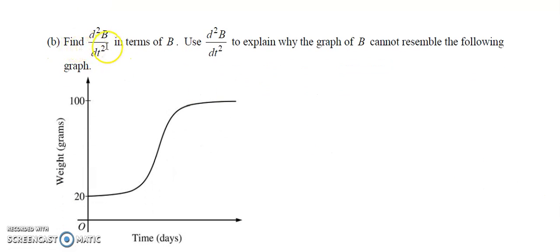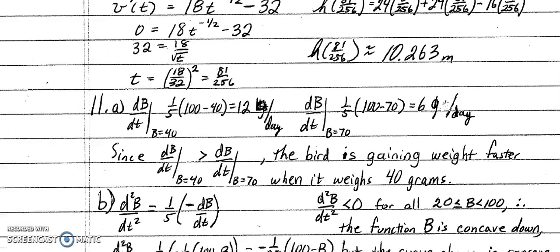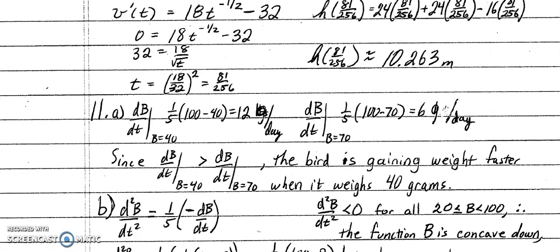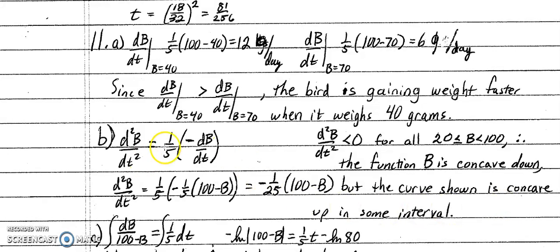And then find the second derivative. Since our variable is t, so it's 1/5 times 100 minus B, so it's 1/5 times -1 dB dt. So plug in dB dt back in, and we get this.